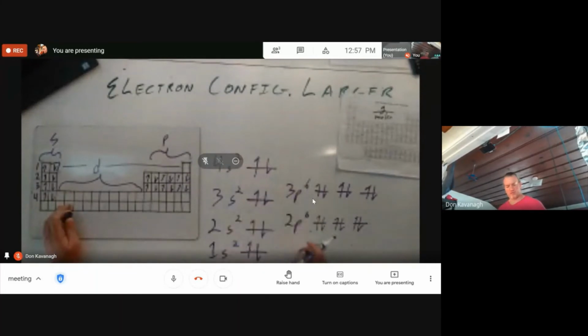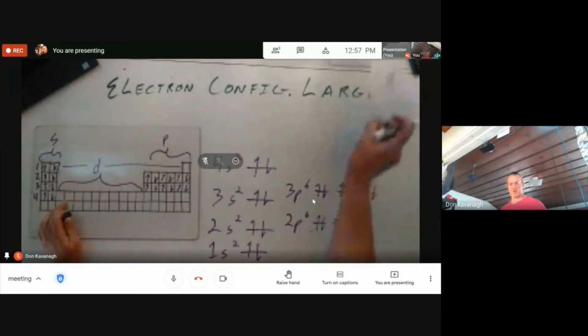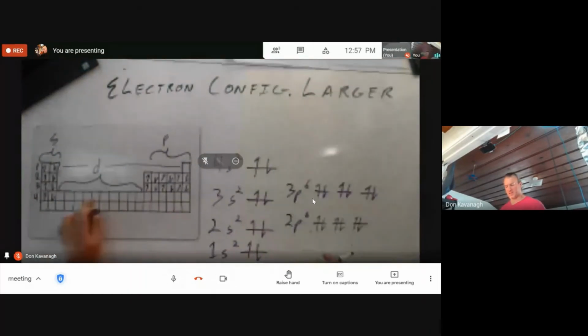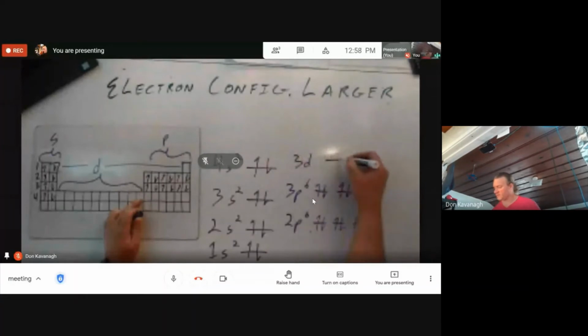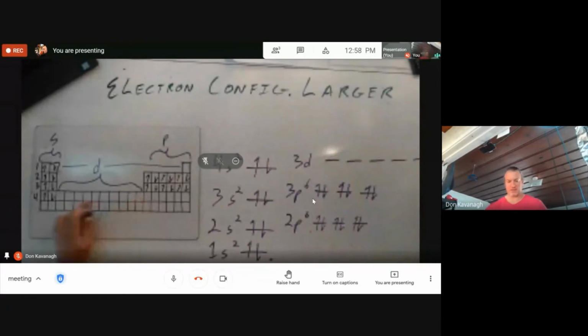Now, when you start filling in more electrons than that, there is a level that is inserted in there, the 3d orbital set, that can hold up to 10 electrons and has 5 orbitals. So 3d: 1, 2, 3, 4, 5. A couple of things now, when filling in electrons for elements in this block right here, let's do iron, for instance.